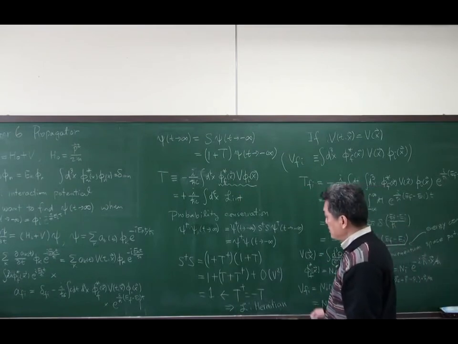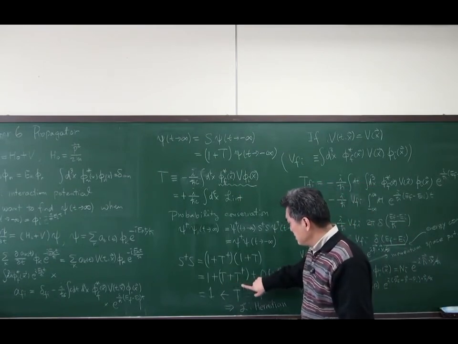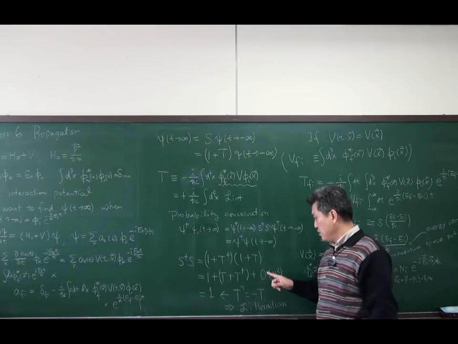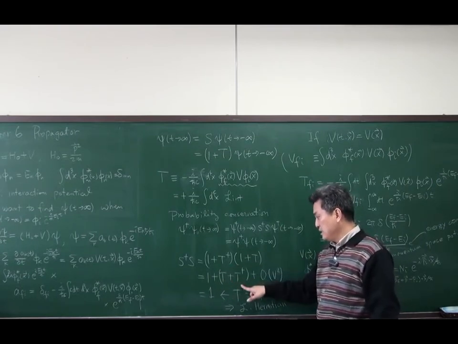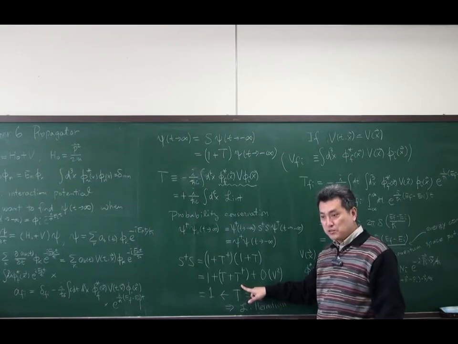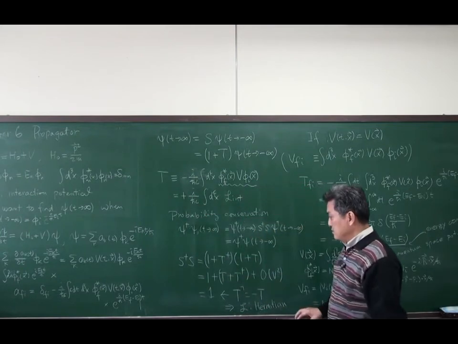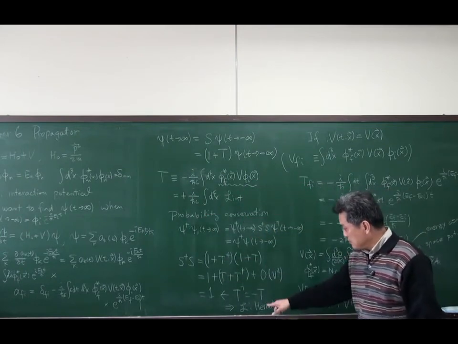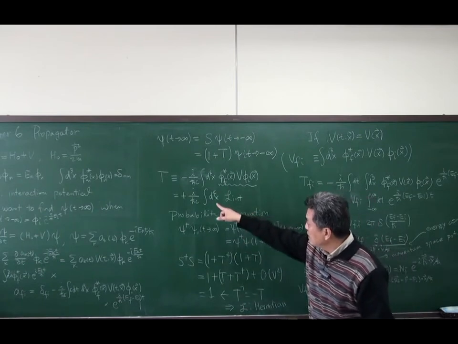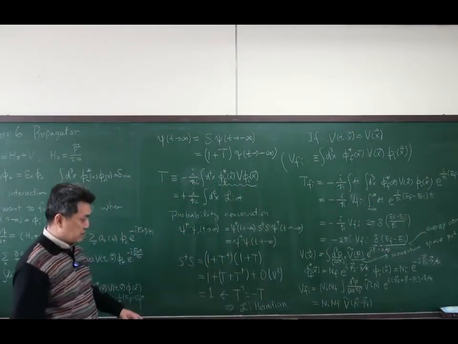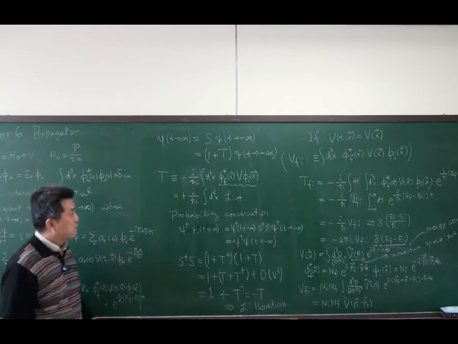So if the probability is conserved, then because I have this expansion in order V has vanishing contribution, T must be anti-Hermitian. If I pull out this i, then the interaction Lagrangian must be Hermitian.